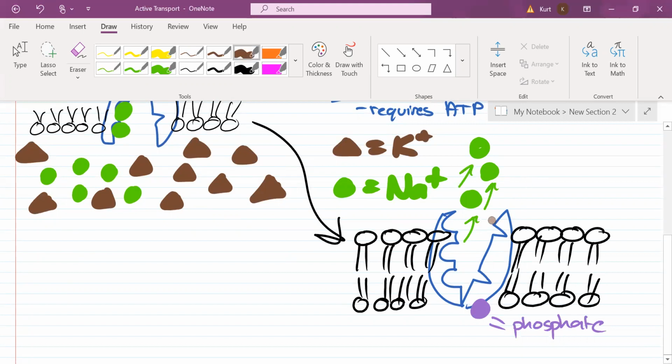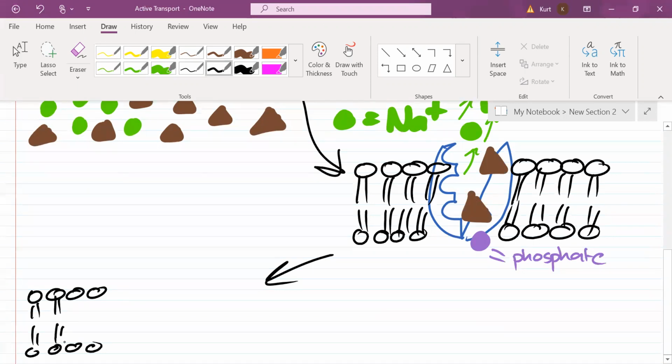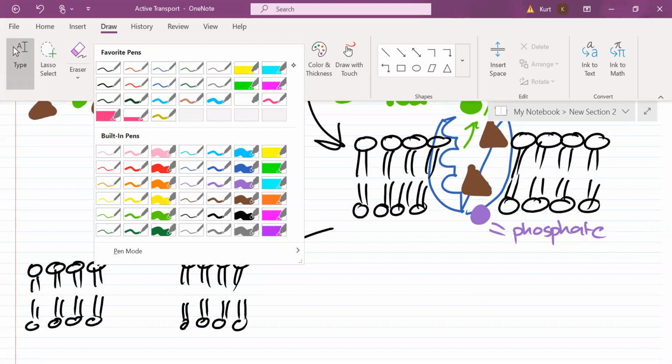While at the same time, 2 potassiums are going to come into the pump and try to get to the inside of the cell. So I'm throwing a lot at you. We're going to slow things down after I get this out.